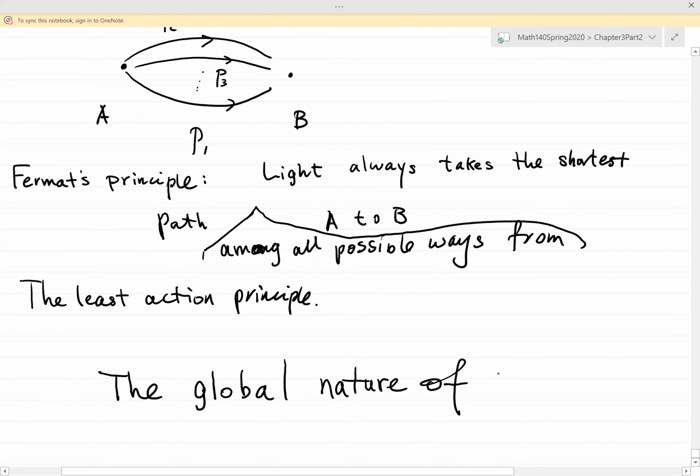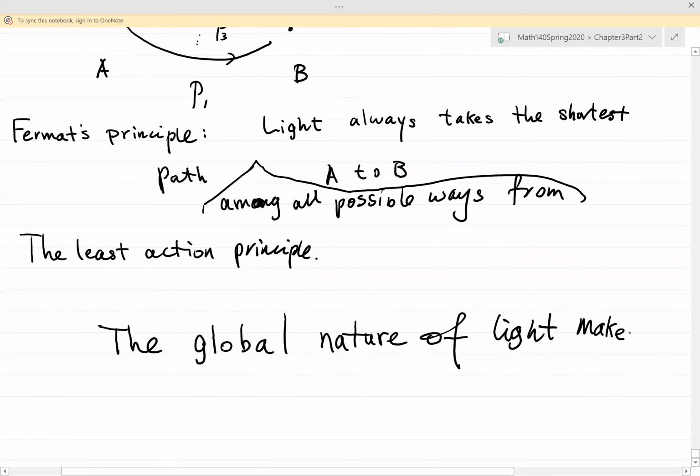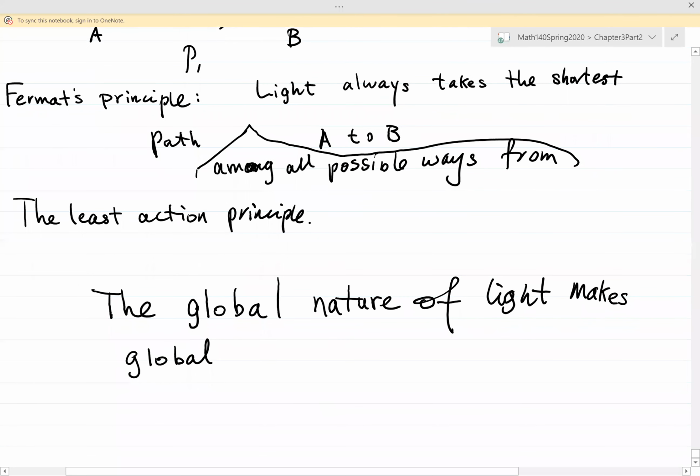So here the global nature of light makes global computation possible. For instance, if you do a summation or an average, summing 1,000 things together, you can actually use light, because light travels simultaneously along 1,000 paths.